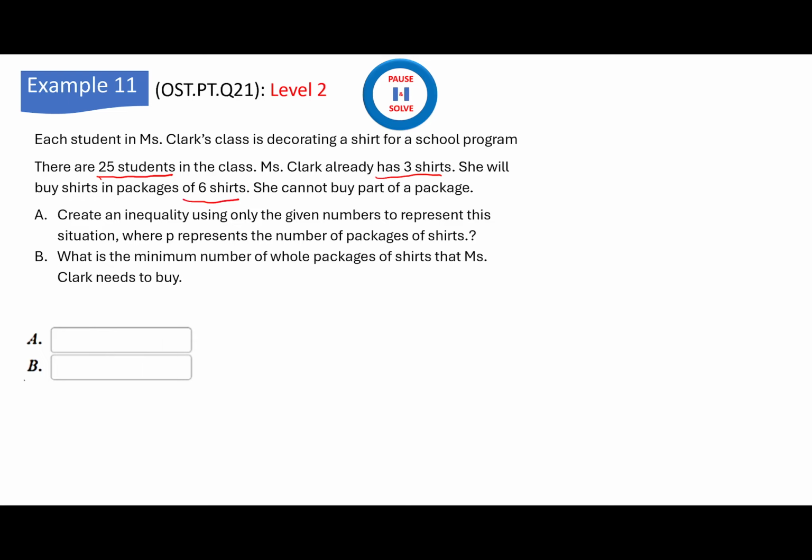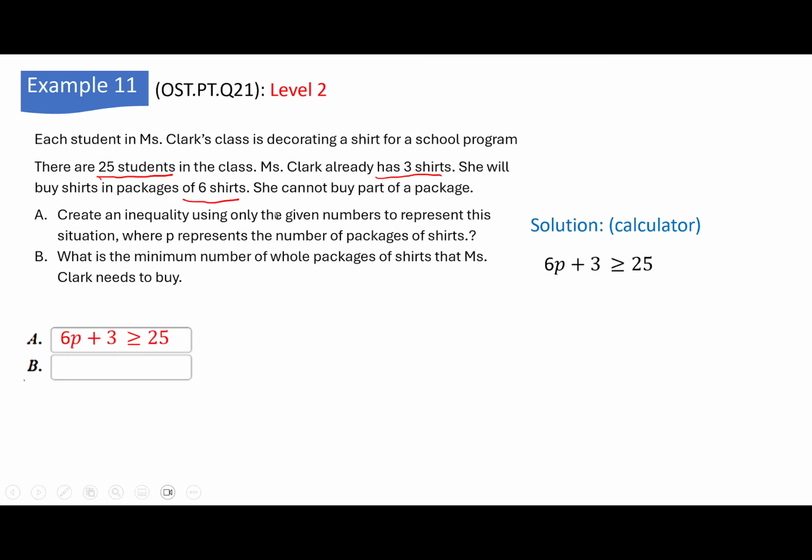Create an inequality using only the given numbers to represent this situation, where P represents the number of packages of shirts. Let's do that first. Obviously, it is 6P plus 3. 3 is the fixed amount. She already has the 3, and every package has 6 shirts, 6 times P. So that's this, and you just put that one here.